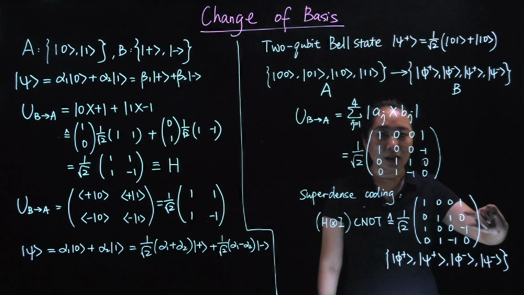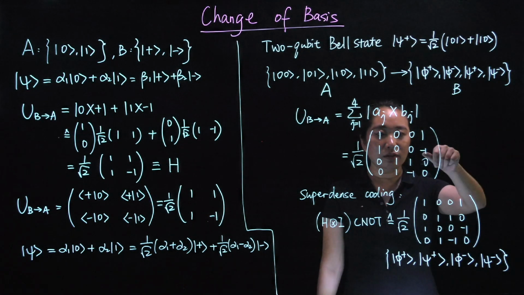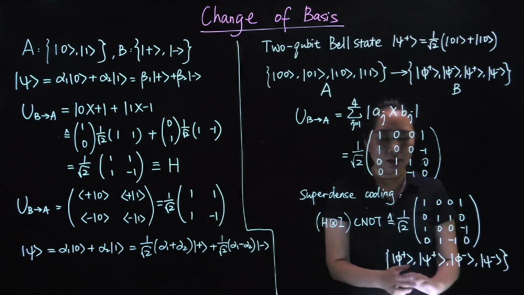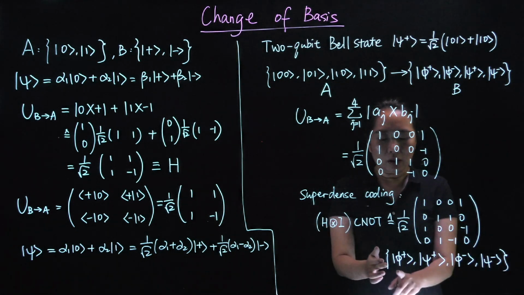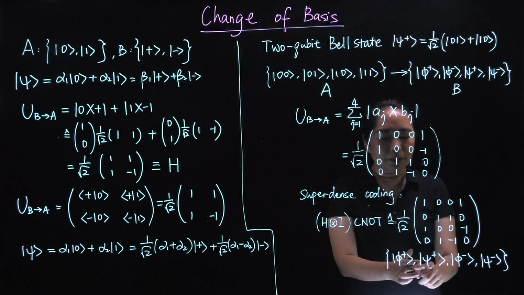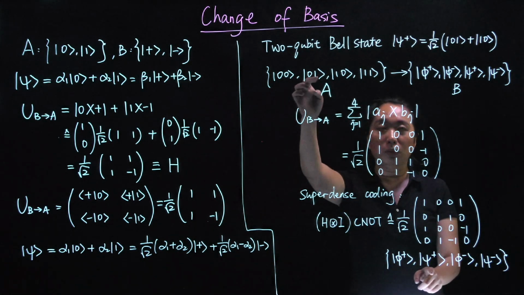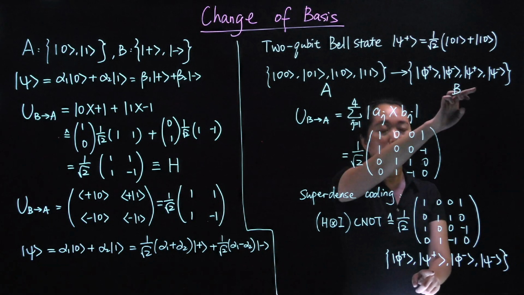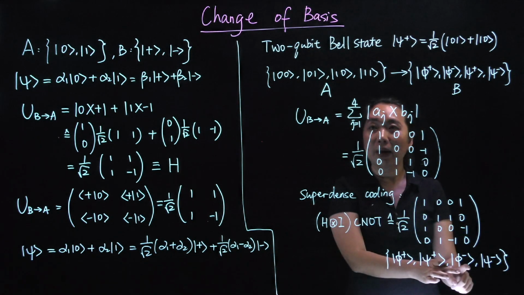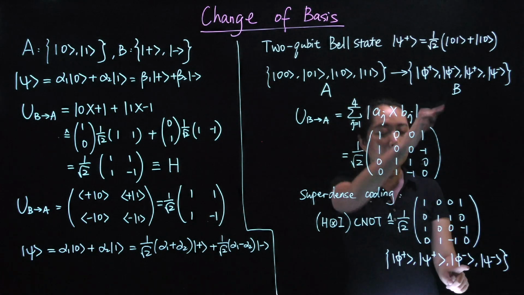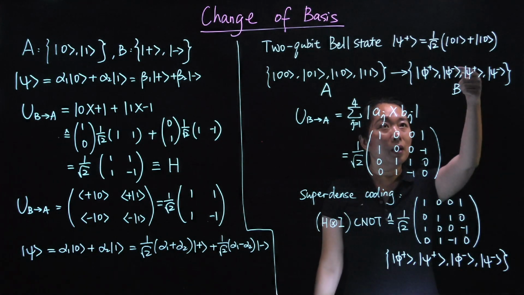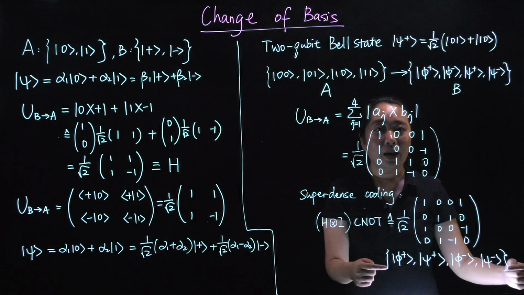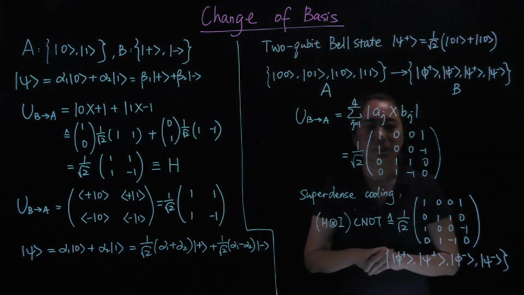In fact, the second row and the third row are swapped. This is because in the superdense coding, we transform psi plus into 0, 1 instead of 1, 0 in this basis transformation, and phi minus into 1, 0. So there is a swap of basis between this B basis and the basis we have for the superdense coding.